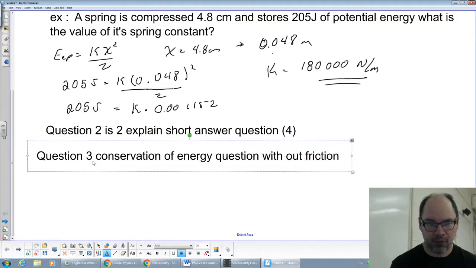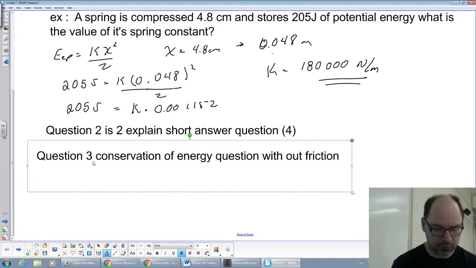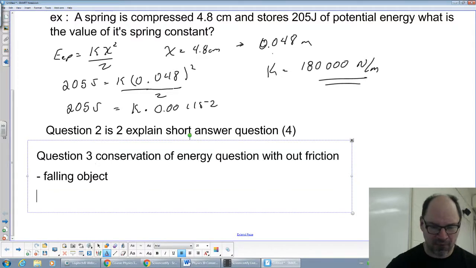And there's a couple of different kinds. You get a falling object. Okay, that's the first type. And the second type here is a compressed object or an elastic object.